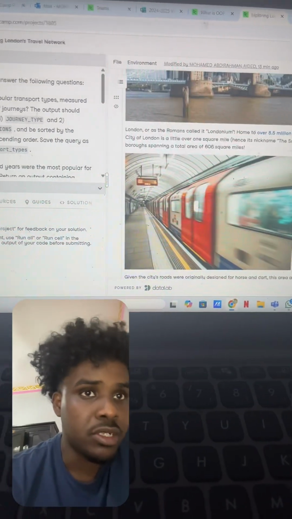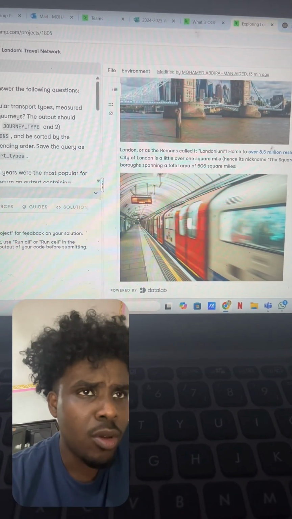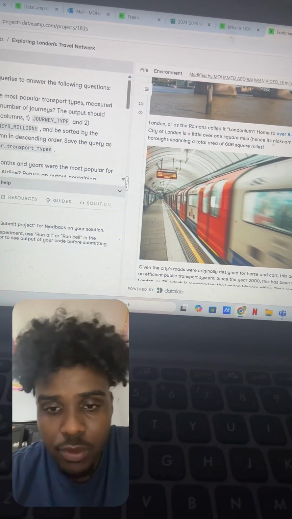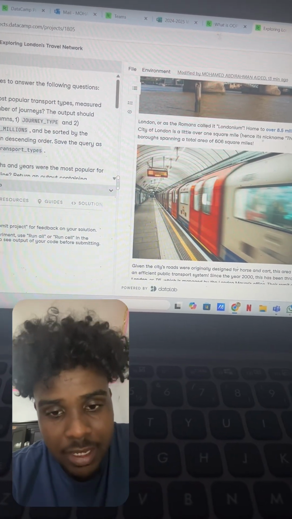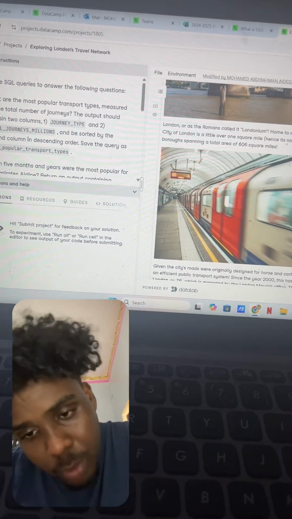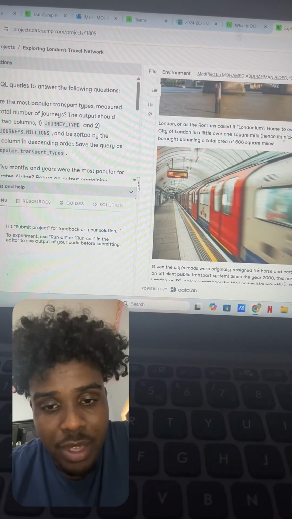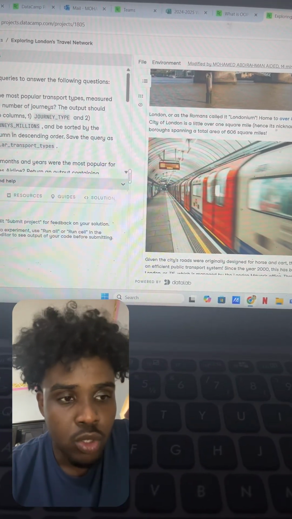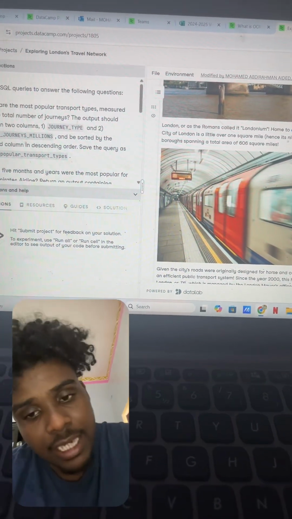These are the pictures for the project that we had from London. It has over 8.5 million residents. London is one of the busiest cities in the world, so you have to use a reliable transport system that people can use to explore and move on with their lives and make their lives a little bit easier, in order to reach their destinations, so they can go on with their day and also during the night.